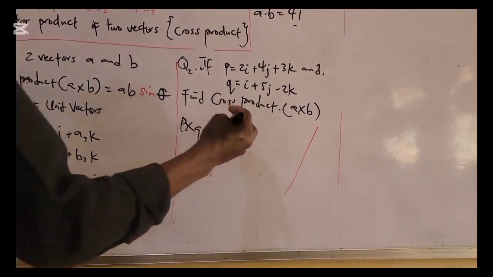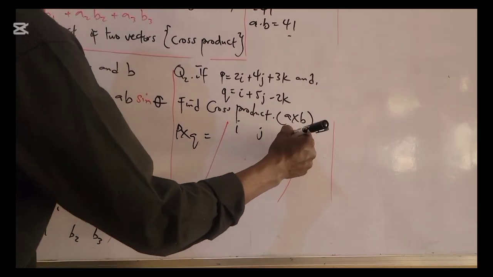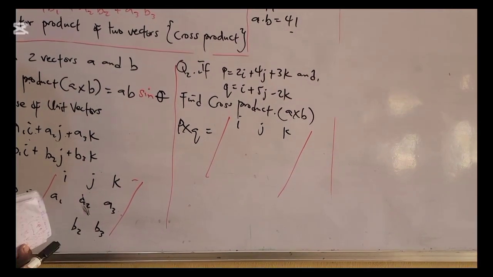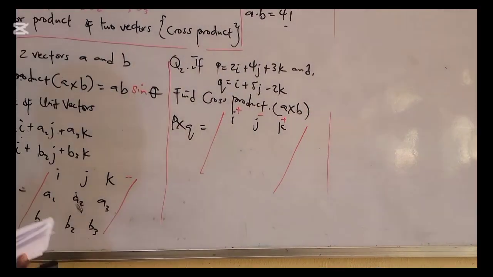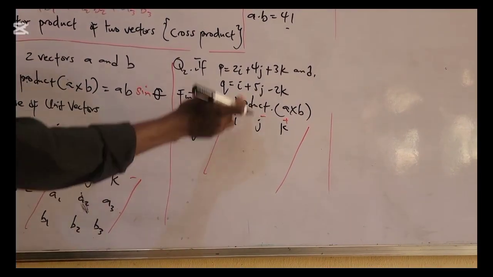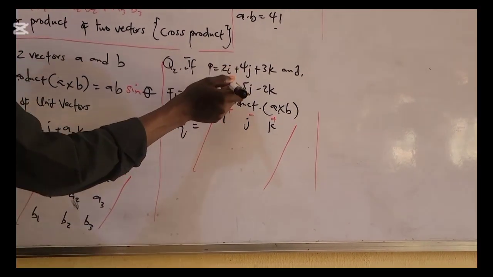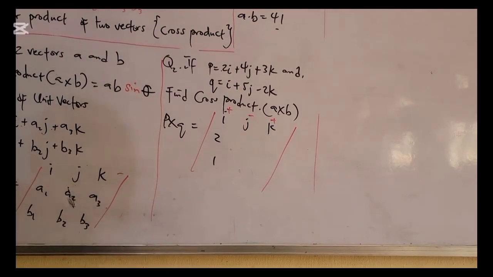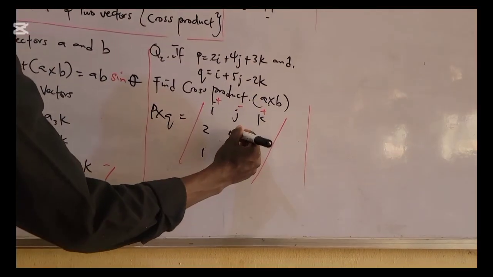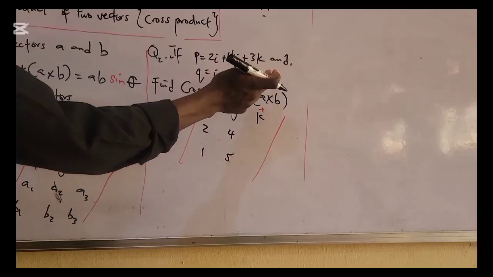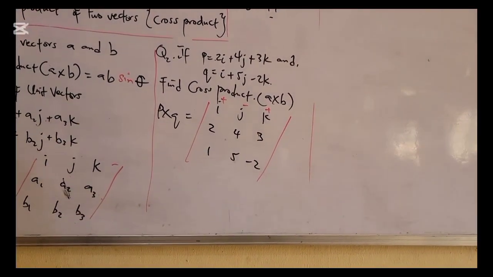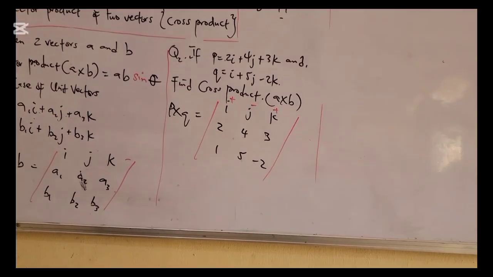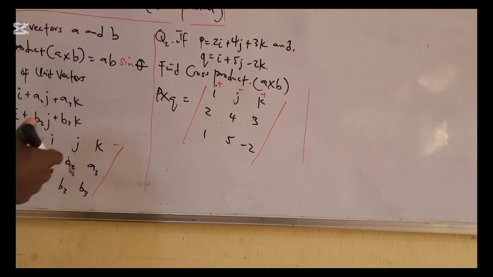The first thing you do is to indicate your unit vectors, that's I, J, and K. And remember, when you are dealing with determinants, you always note the signs, that's plus, minus, plus. So for I, what are the components under I? We have 2 and 1. Then under J, we have 4 and 5. Then for K, we have 3 and minus 2. So now we can bring out the determinant and solve it accordingly.